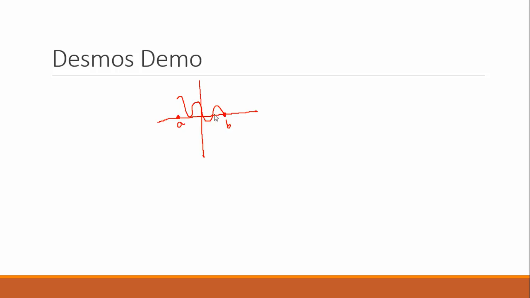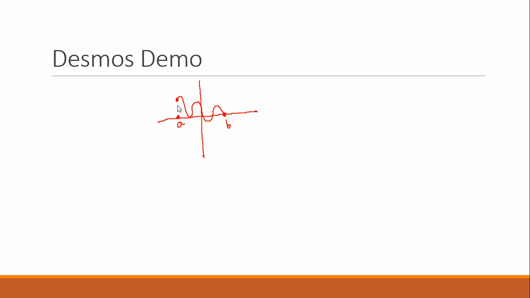And you'll notice that this function is continuous. I did not pick up my pen at all between A and B. And basically what this theorem says is that from this point here to this point here, f of x, the function, is going to take every single value between here and here. So we're going to go all the way down.